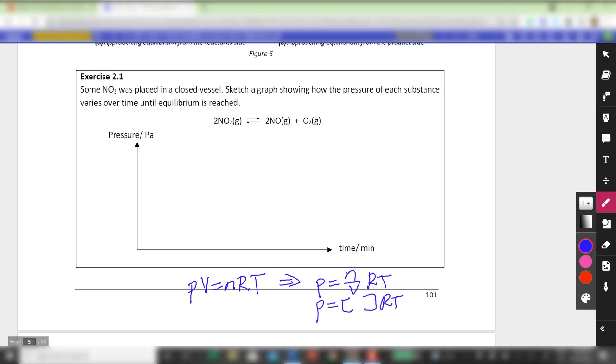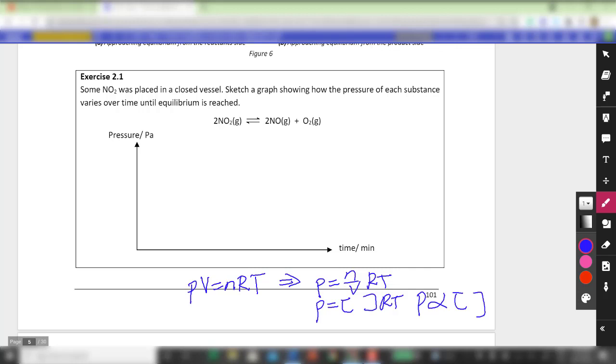So the pressure is actually directly proportional to concentration. So using pressure for gaseous reactions is actually a good proxy, if you ask me about it.